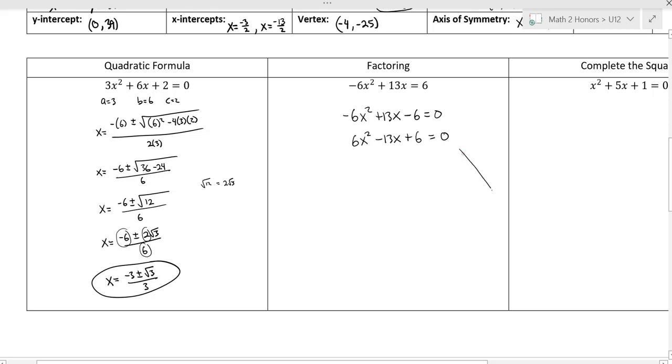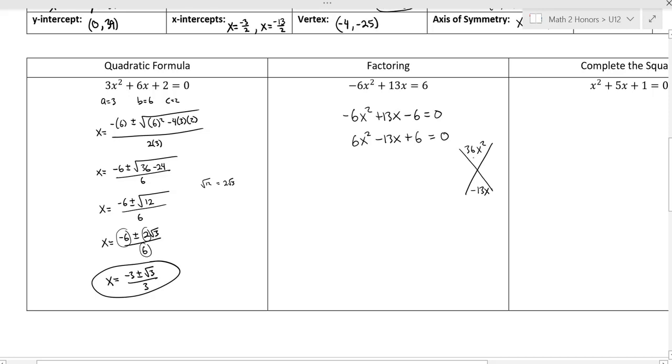And then go ahead and do what I taught about factoring. So I'm going to multiply 6x squared and 6, that's 36x squared, and negative 13x. So we're looking for two terms that multiply to positive 36 and add to negative 13. So you go over the factors of 36. You got 36 and 1, not going to work.